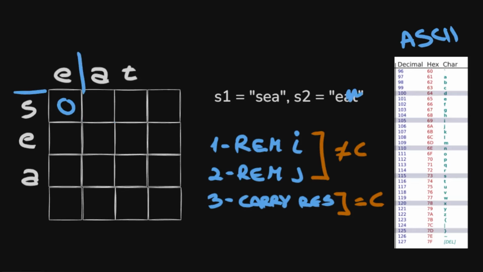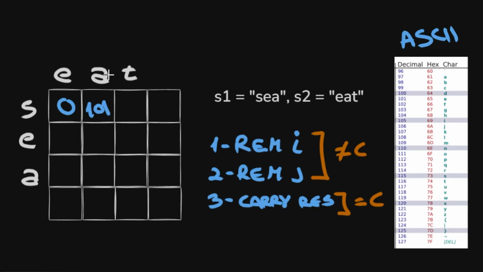So let's say that we have this. What is the minimum ASCII sum to make these two strings equal? Well, we can remove this E. So we can take the accumulated value plus the corresponding ASCII code for letter E, which is 101. So here we put 101.